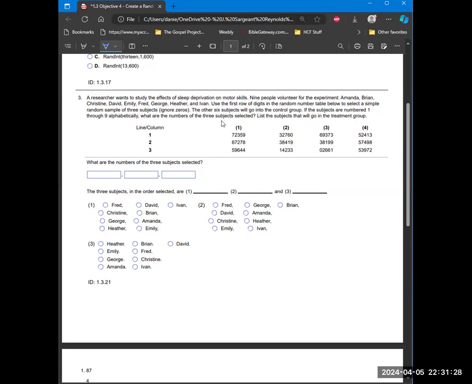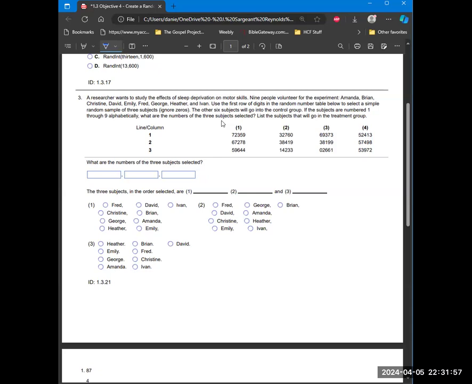So it's just easy for you to write down the letters A through I to represent the 9 people who volunteered. Use the first row of digits in the random number table below to select a simple random sample of these subjects, ignoring zeros.